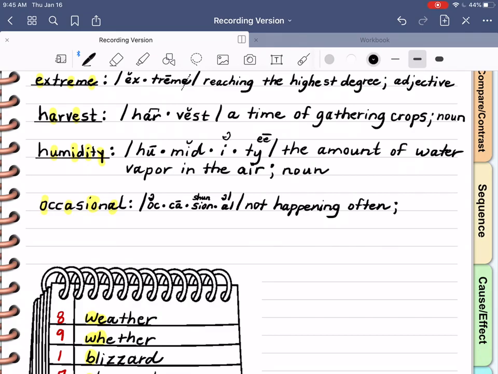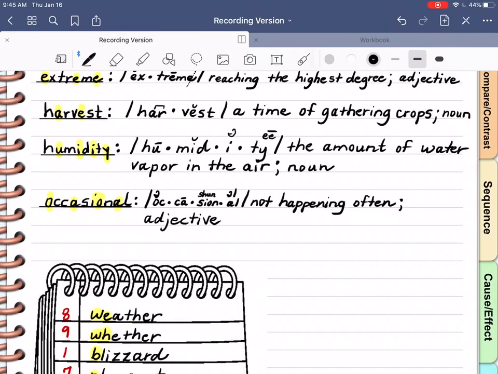So this is an adjective. Occasional. And the vocabulary word we underline. Okay, we're almost there. This is time consuming, I know.